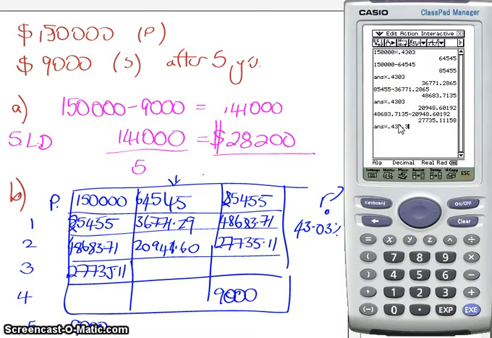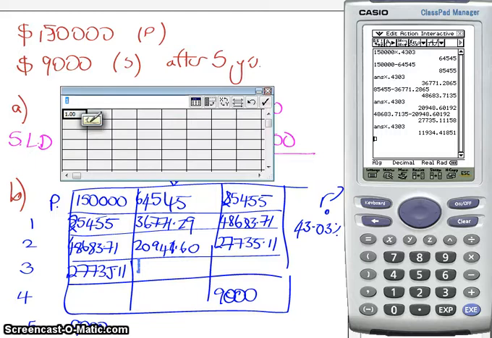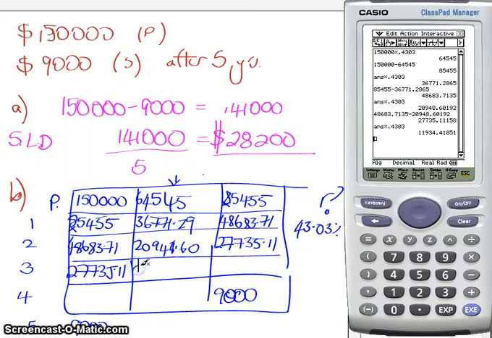Now I lose 11,934.41, which leaves me with 15,869.